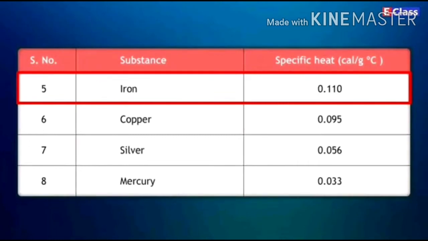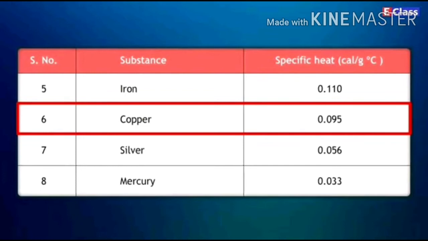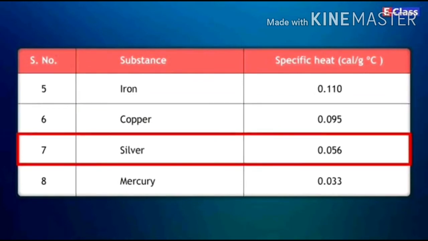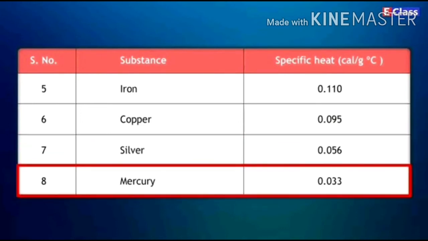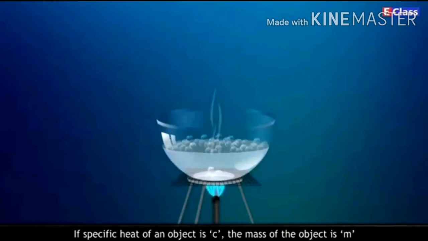Copper 0.095 calorie per gram degree Celsius. Next is silver. Silver 0.056 calorie per gram degree Celsius. Next substance is mercury. The specific heat capacity of mercury is 0.033 calorie per gram degree Celsius. So these were the specific heat capacity of different substances.